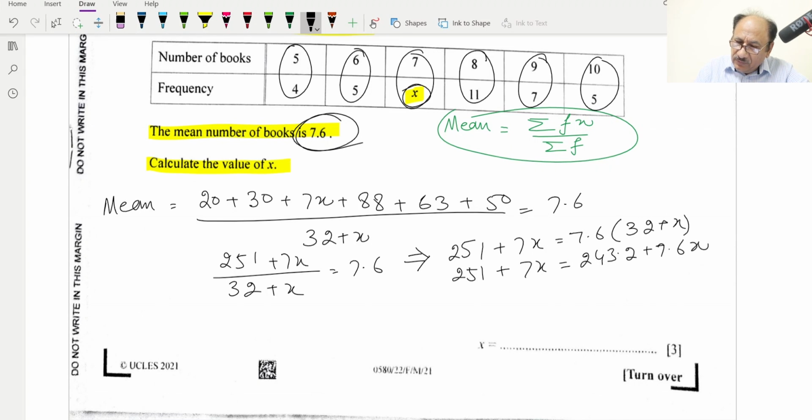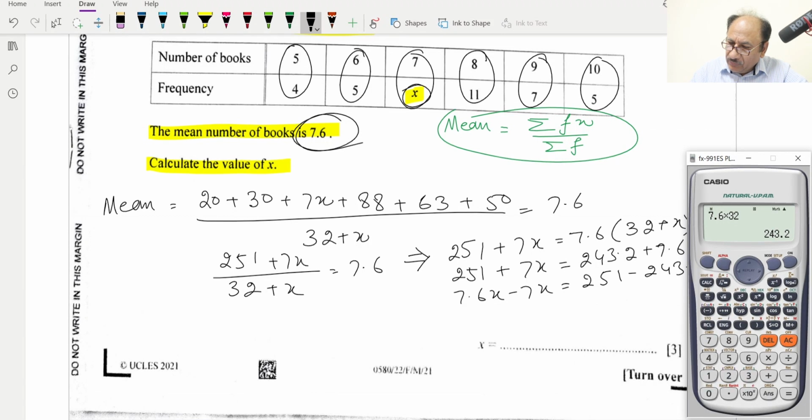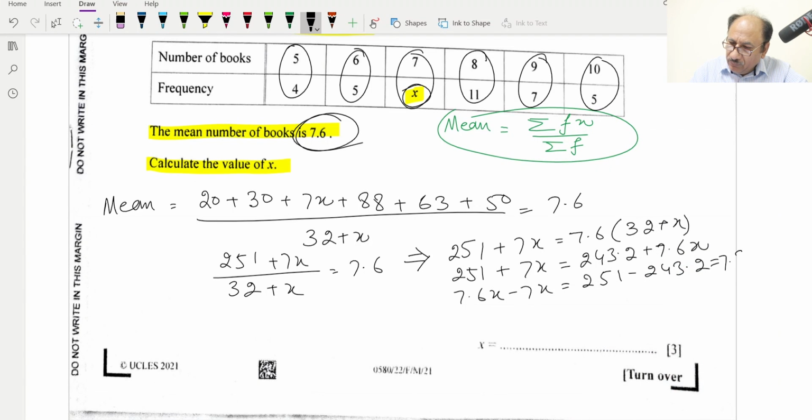Now we can shift x to one side, so 7.6x minus 7x is equal to 251 minus 243.2, and this will be equal to what? We subtract 251 minus 243.2, and the answer is 7.8, and this side will be 0.6, so 0.6x is equal to 7.8.